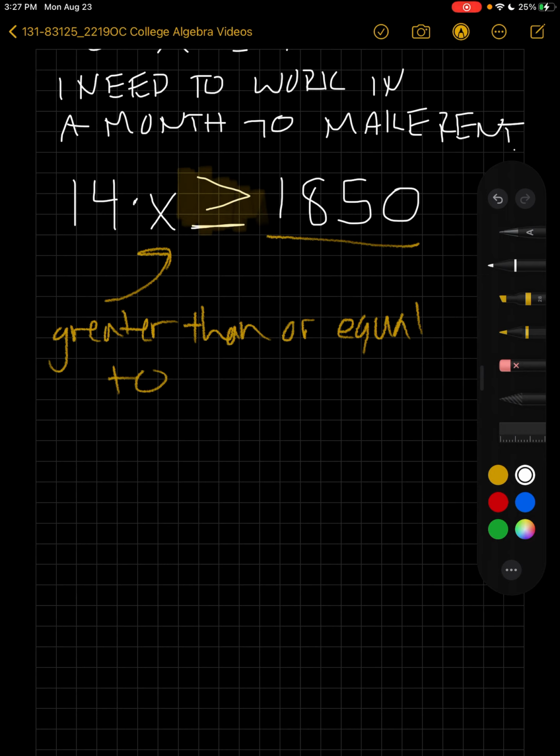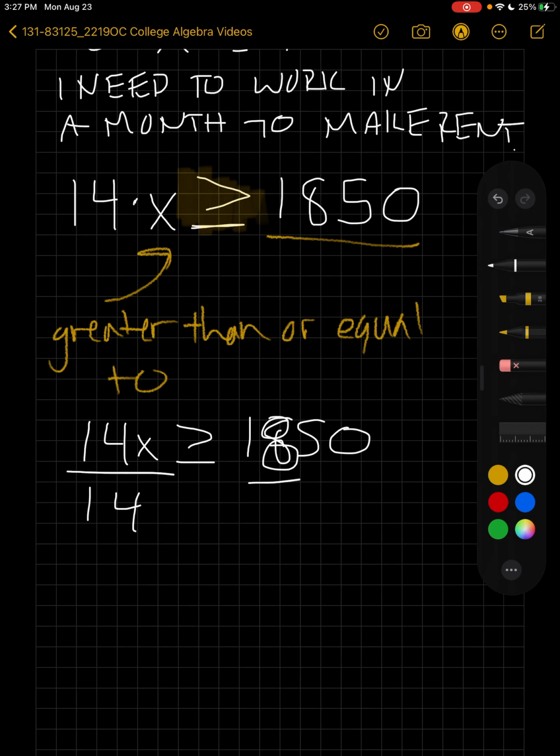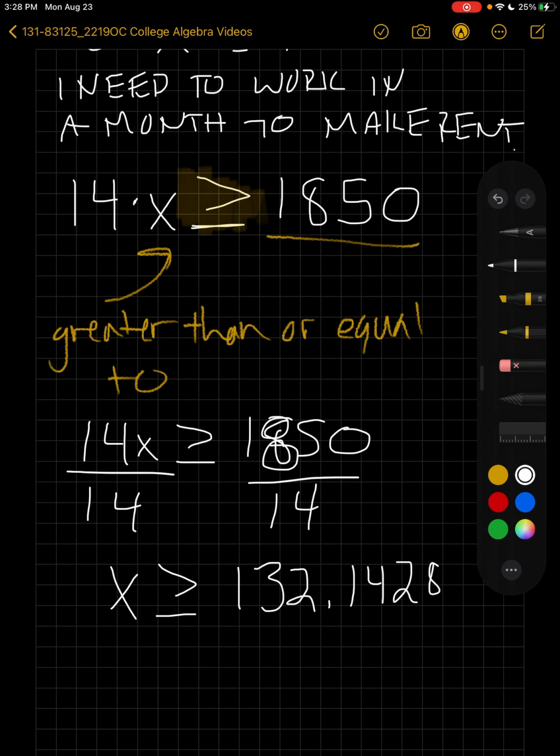And so let's solve this little inequality here. 14x is greater than or equal to 1850. I can divide each side of this by 14. And I get x is greater than or equal to about 132.1428.